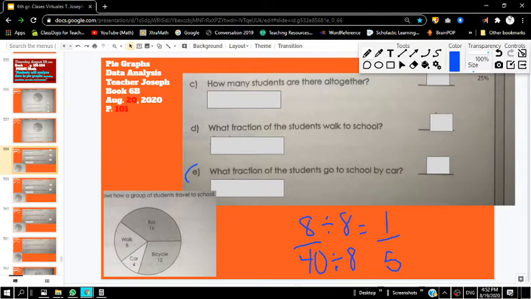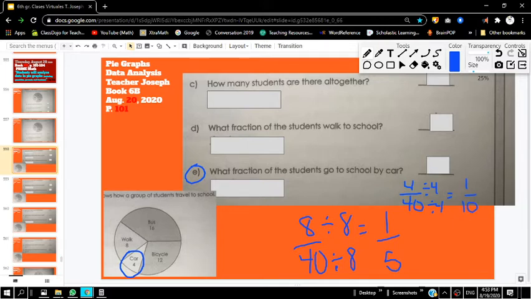And letter E says, what fraction of the students go to school by car? Well, we know that there are 4 students that go to school by car. So if we have 4 over our total, which is 40, and we divide each side by 4, 4 divided by 4 equals 1, and 40 divided by 4 equals 10.